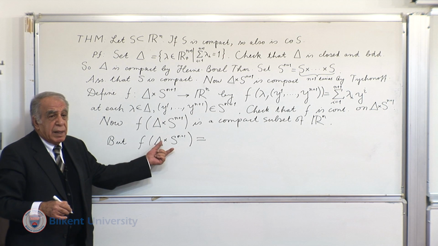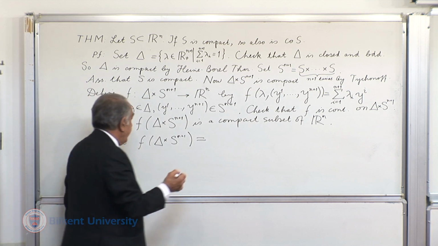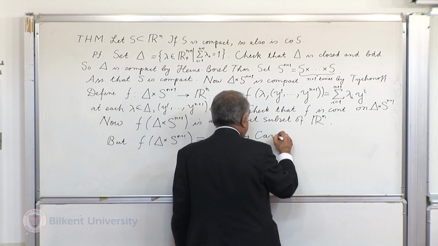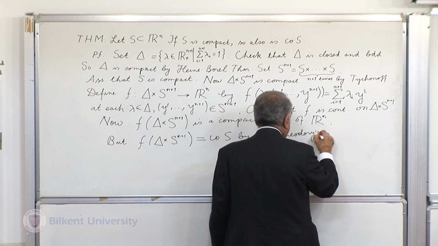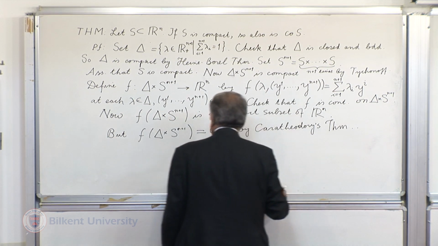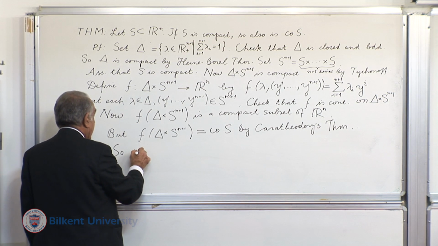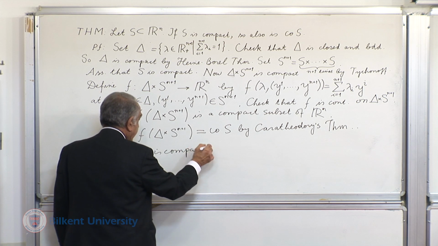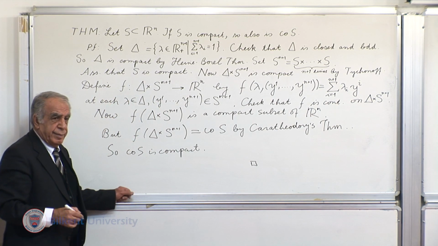Well, this is just the convex hull of S by Caratheodory's theorem. So, the convex hull of S is compact. Okay?